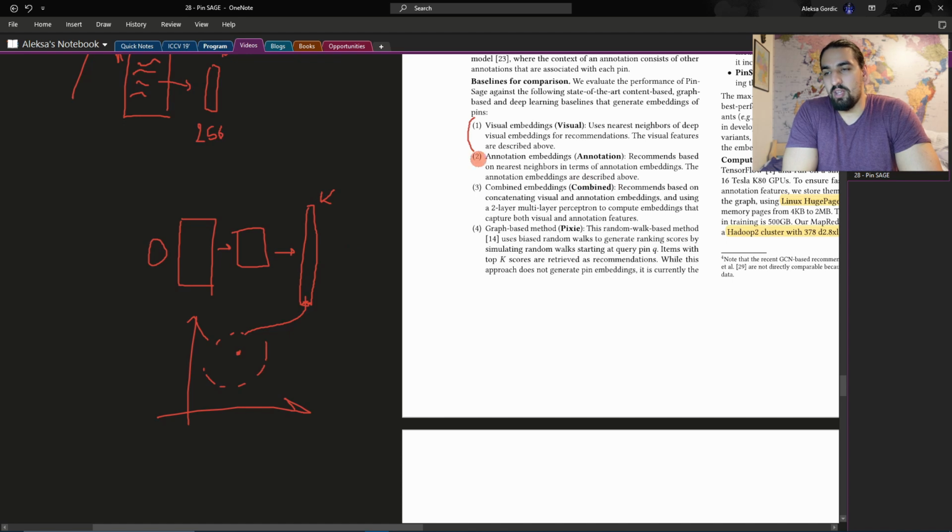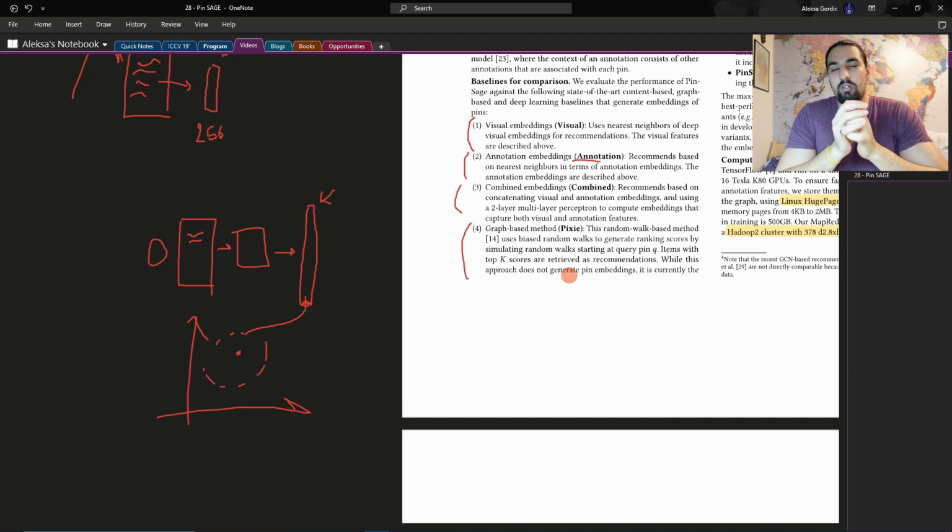Okay, the second baseline is super similar, it uses only annotations instead of the image, so it uses textual information. The third one combines both of those and trains an MLP on top of them. And finally, the fourth one is Pixie, which uses random walks to find the recommendations, and basically doesn't use those features, just the random walks.